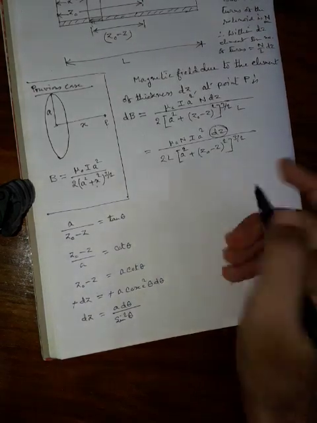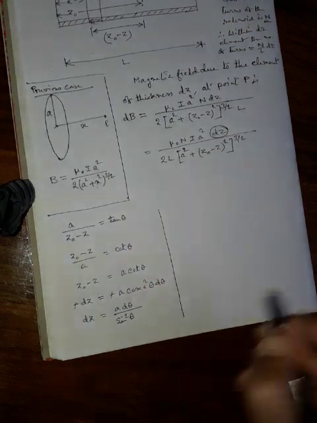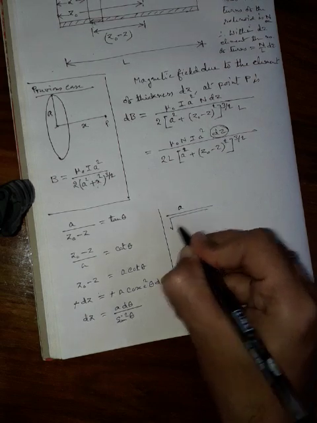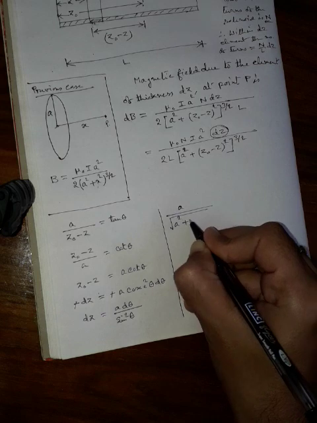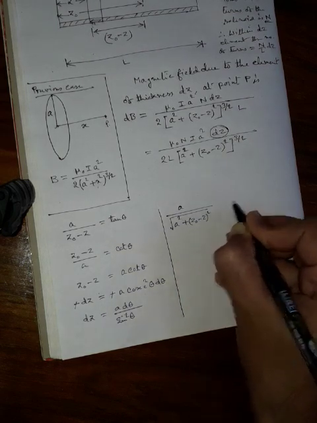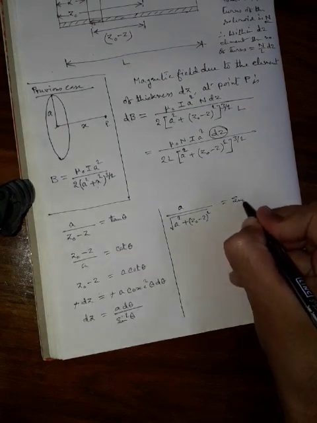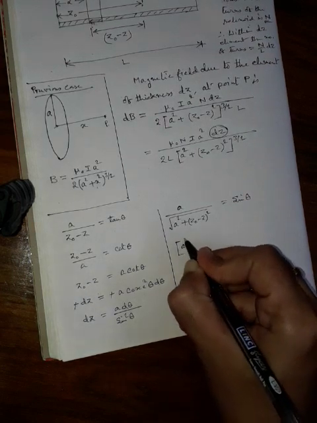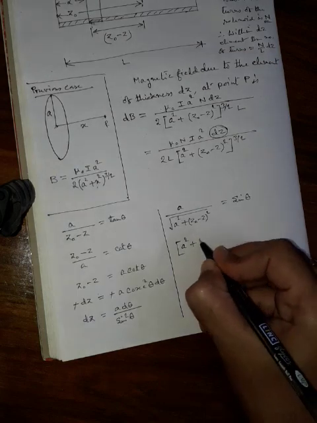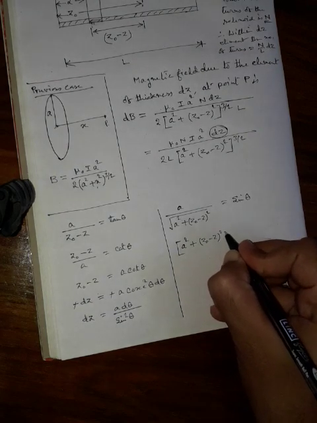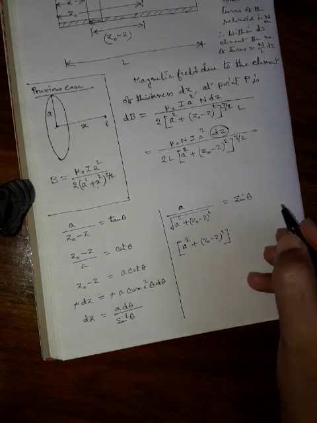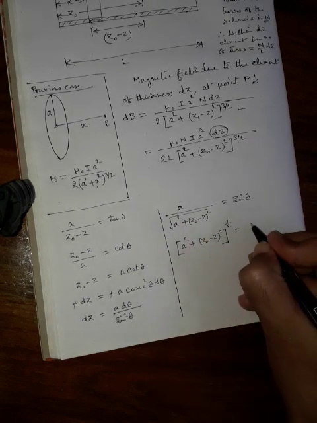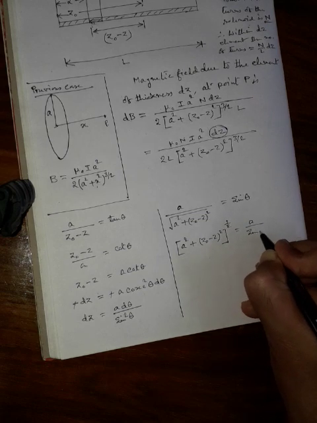Again, another part. A by root over of a square plus z0 minus z whole square is equal to sine theta, or a square plus z0 minus z whole square whole to the power half is equal to A by sine theta.